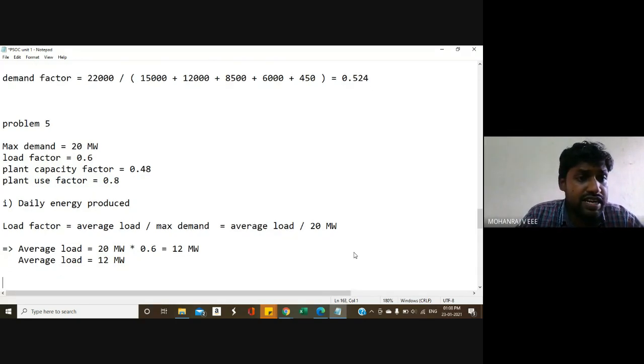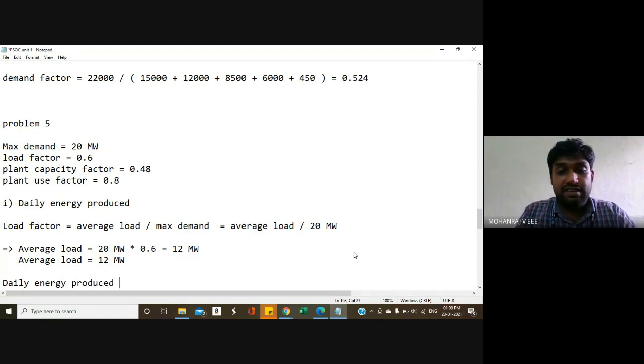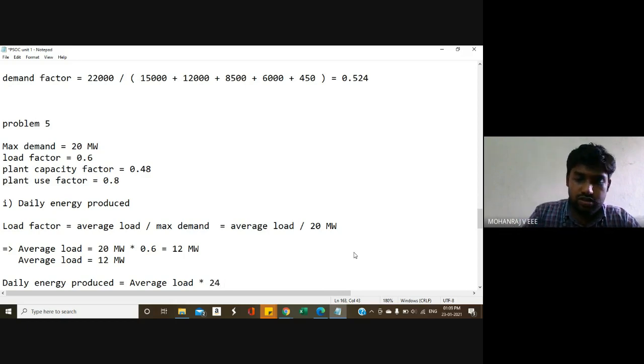They asked us to find the daily energy produced. Daily energy produced is given by average load into the number of hours in a day. What is the number of hours in a day? 24.